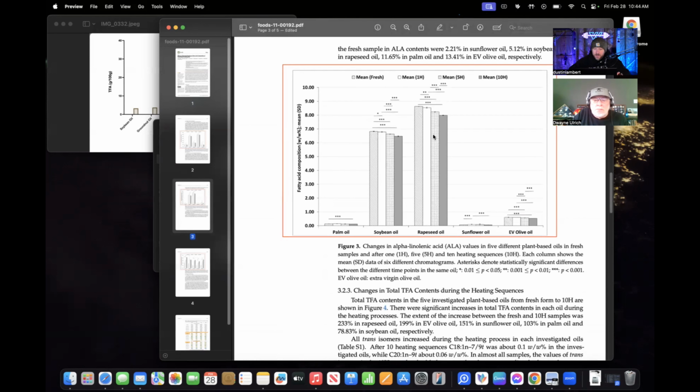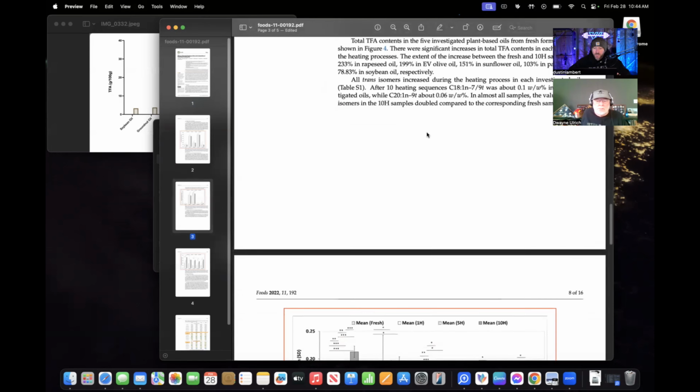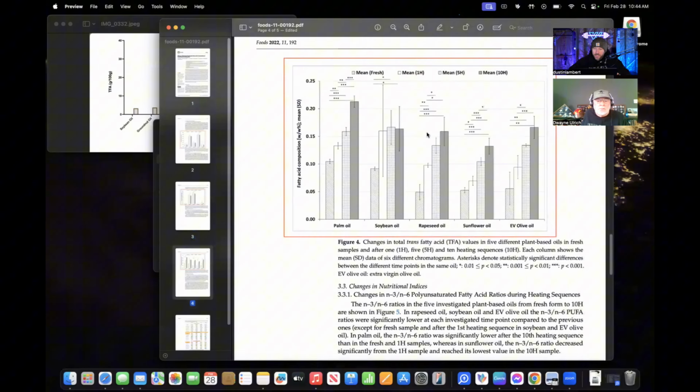Stepwise decrease in most of these. Sunflower oil did pretty well. Extra virgin olive oil did pretty well. But again, as a percent of wet weight, the change just isn't that much. The total amount of change happening here isn't anything to write home about. And we can see the change in trans fatty acid values.